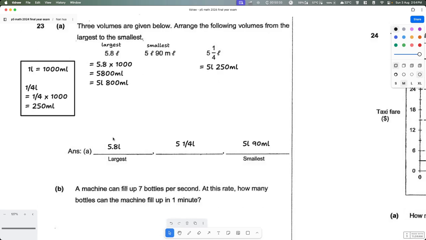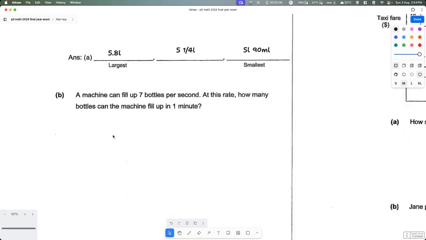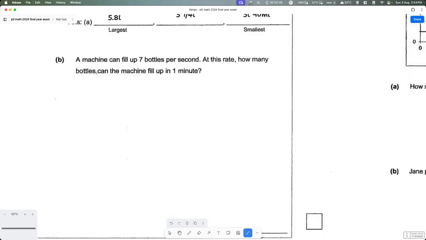So 23 part B, a machine can fill up 7 bottles per second. At this rate, how many bottles can it fill up in 1 minute? 1 minute is equal to 60 seconds.